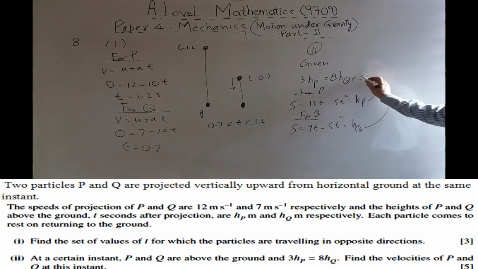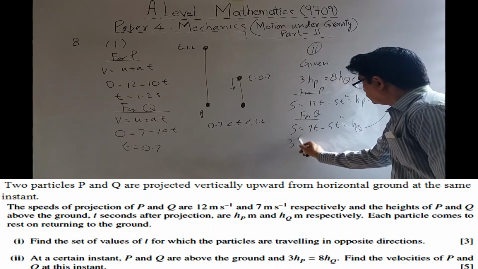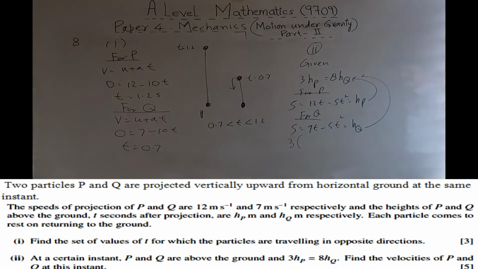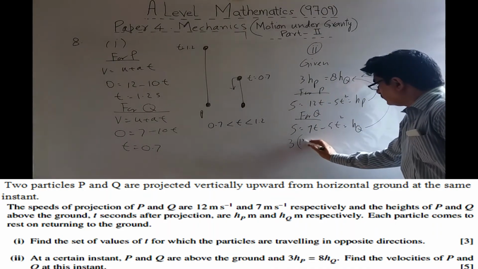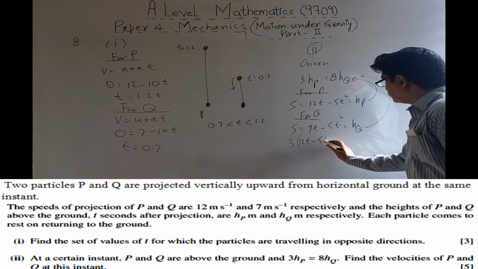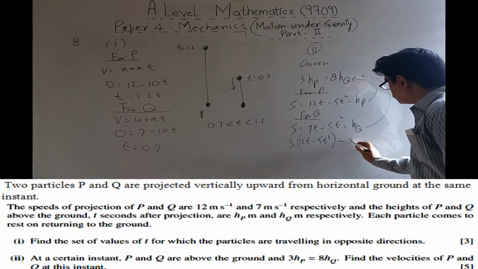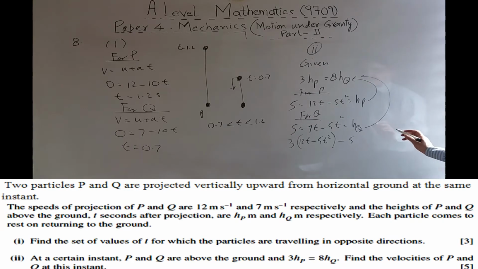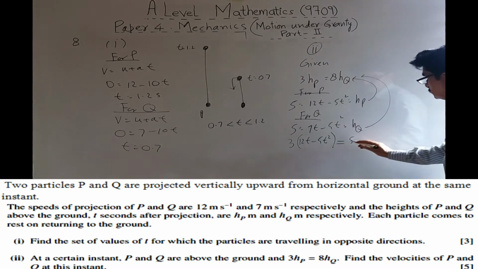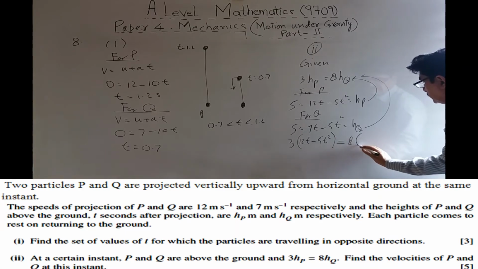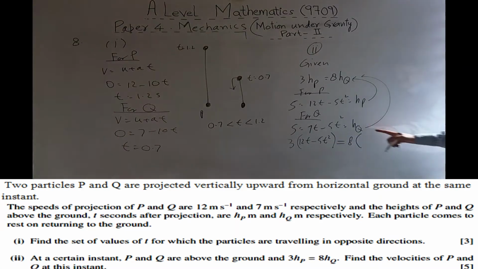Into this equation, we have 3 times hp, the height of p, which is 12t minus 5t square, is equal to 8 times the distance of q.